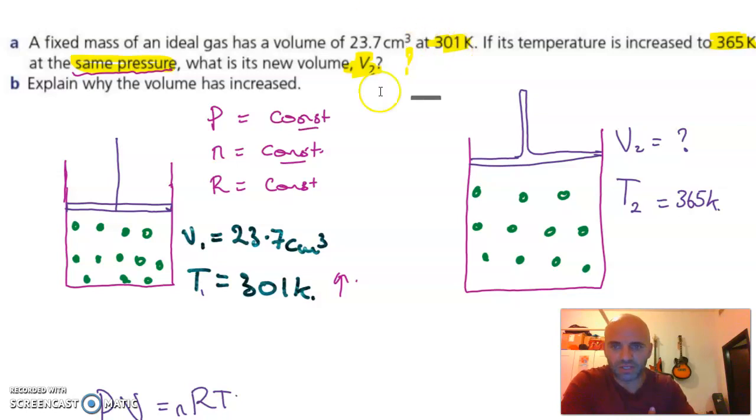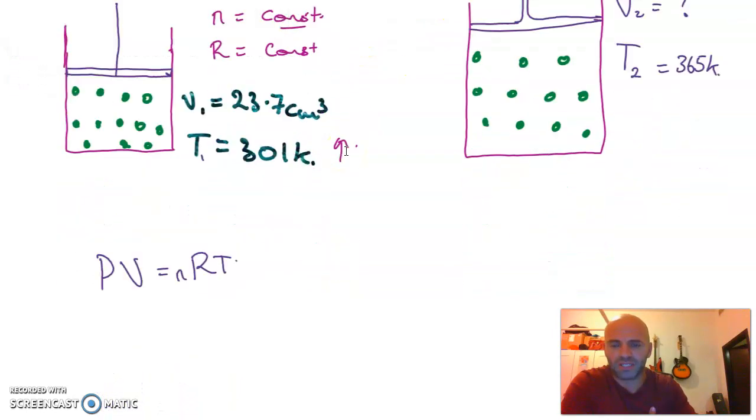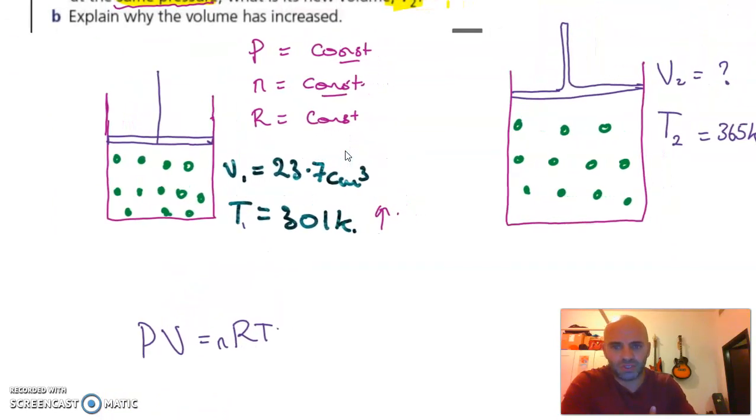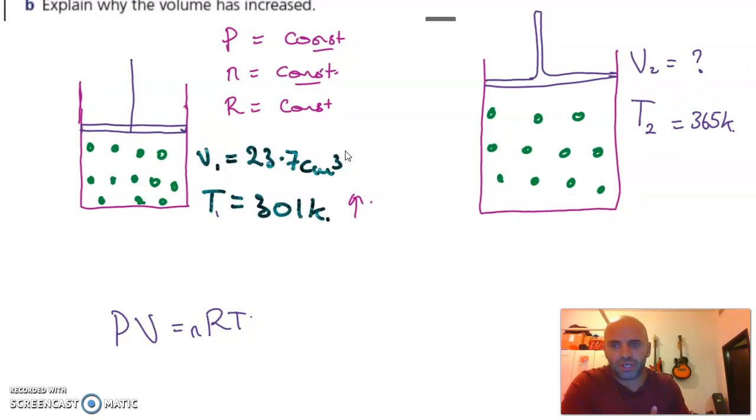So the technique for this is fairly straightforward. This is actually an application of Charles's law, I think. So you've got PV equals nRT. So what you do is you rearrange everything in terms of the two variables that you're asked about, okay? So you've got volume 1 and temperature 1, and volume 2 and temperature 2.